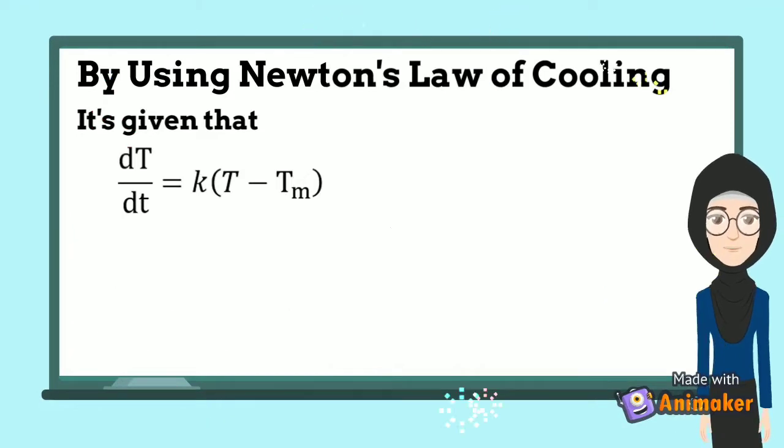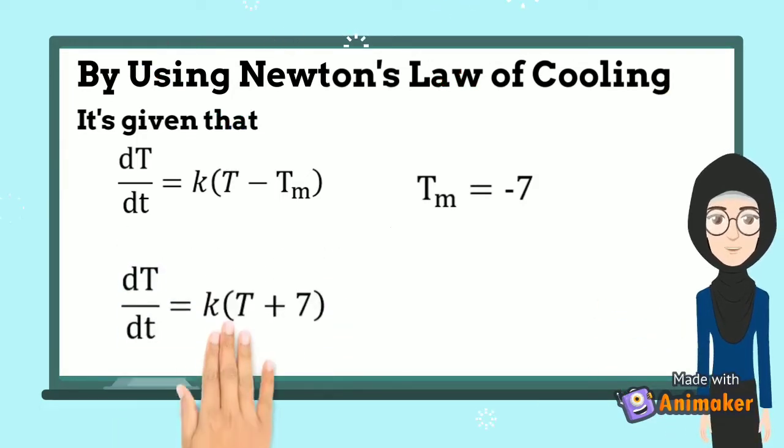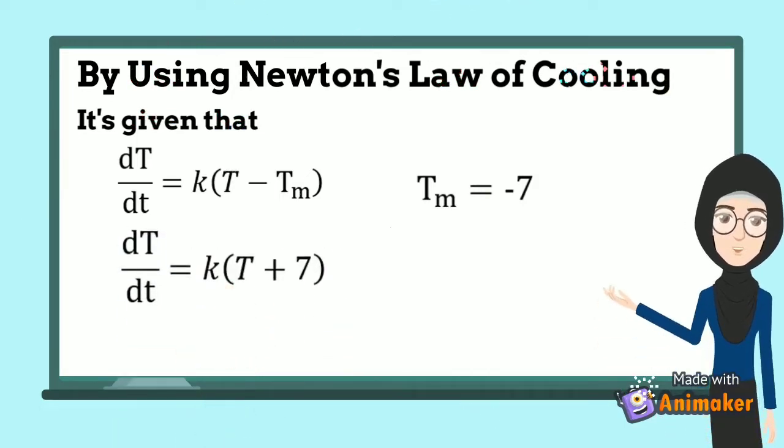So we get dT over dt equals k bracket T minus Tm. Tm is equal to negative 7, so we get dT over dt equals k bracket T plus 7.